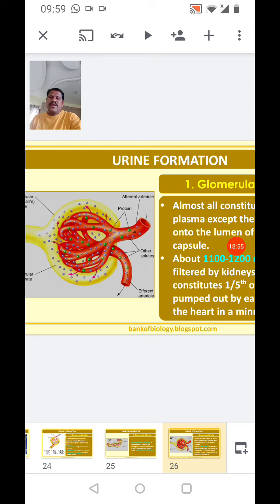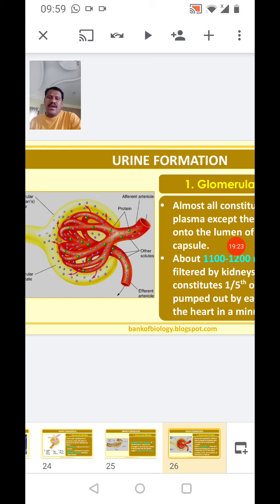The third category is a-threshold substances. Some substances of primary urine are not required by our body at all, so they are not reabsorbed at all and are completely excreted.